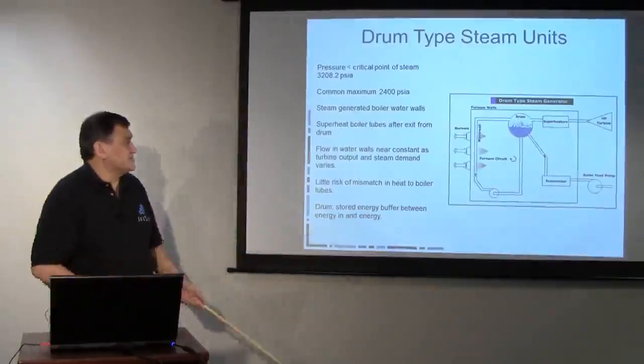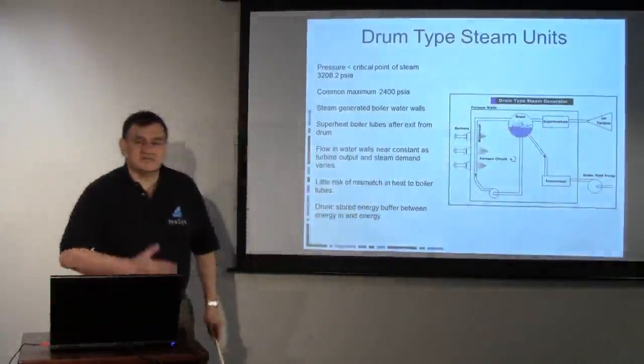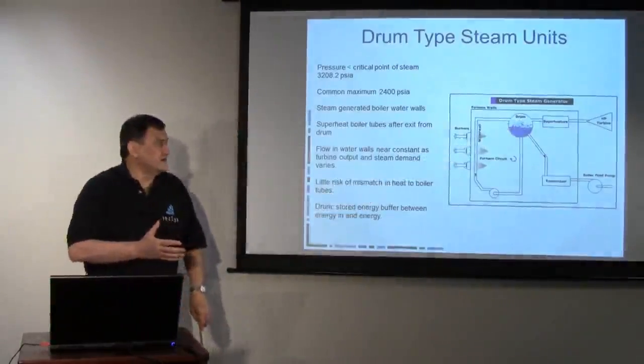So the drum basically acts as an energy buffer. And actually, when you're involved in the simulations and you're ramping these types of units, you get a certain increased amount of power out of that turbine for a few minutes based upon the amount of energy that is in that drum.